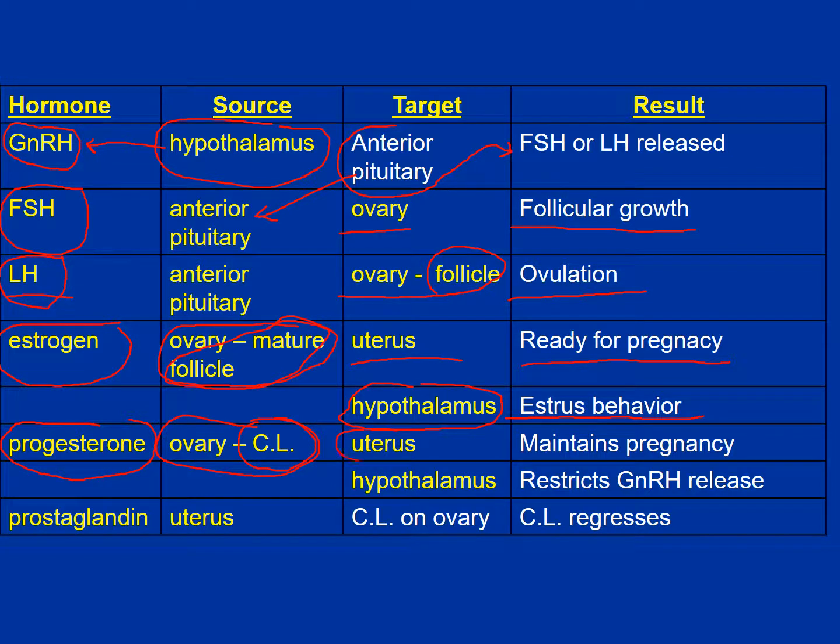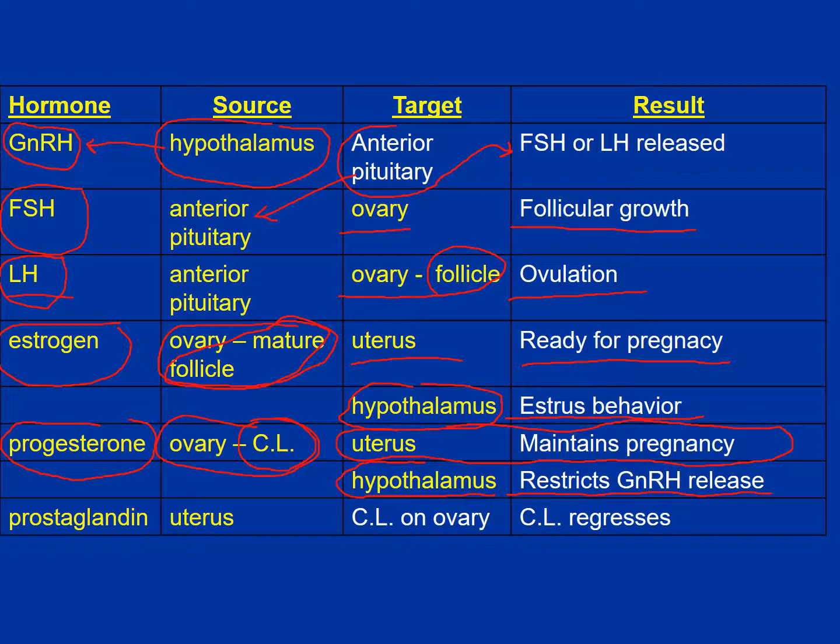One is the uterus, and you need a high progesterone level throughout pregnancy to maintain that pregnancy in the uterus. The other organ is the hypothalamus. As long as we have high progesterone levels, the hypothalamus does not release GnRH. So without the release of GnRH, we don't have FSH or LH released.